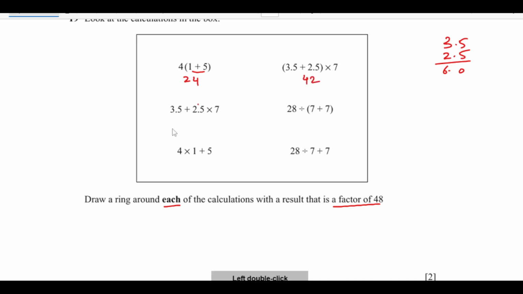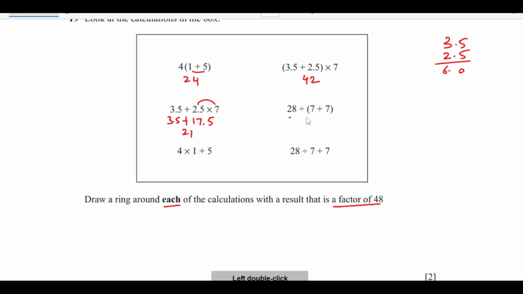Okay, and here we are going to use this one first. 2.5 times 7 is 17.5, and 3.5 plus 17.5 comes out to be 21.